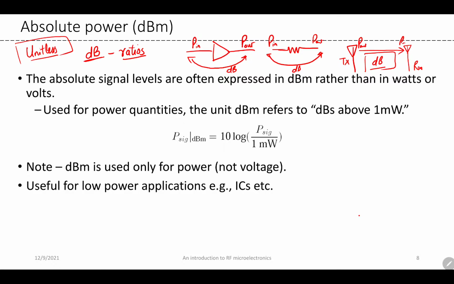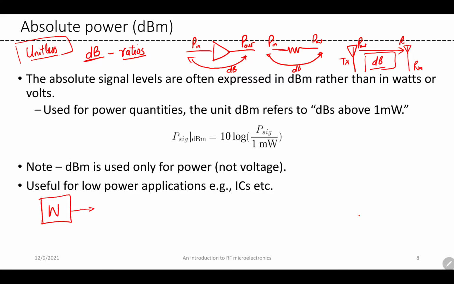Now what if we want to define an actual power level? For example, watt is a unit of power, right? If we want to express this in a way that is convenient for us, in the sense that we can use the log arithmetic like we do for dBs, we have to convert this into a suitable number.